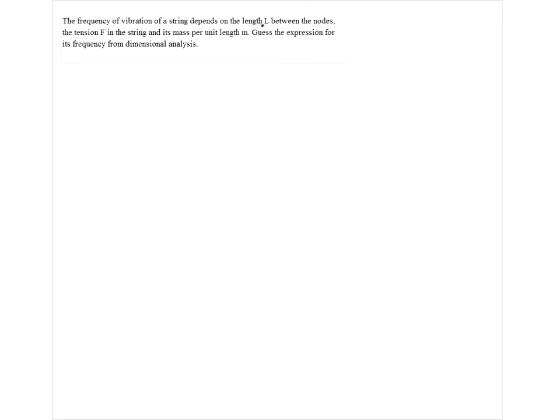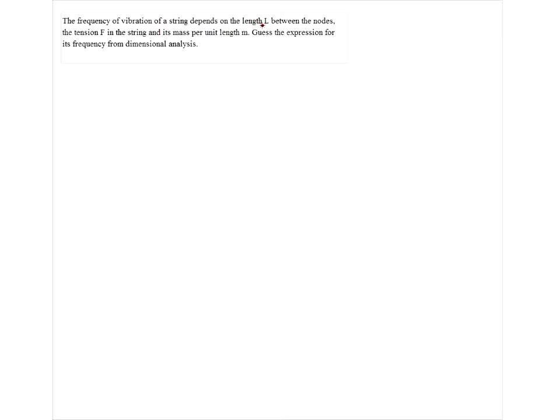It also depends on the mass per unit length. You will see that some strings are thick and some strings are thin. Strings are not identical, so it also depends on the mass per unit length of the string.